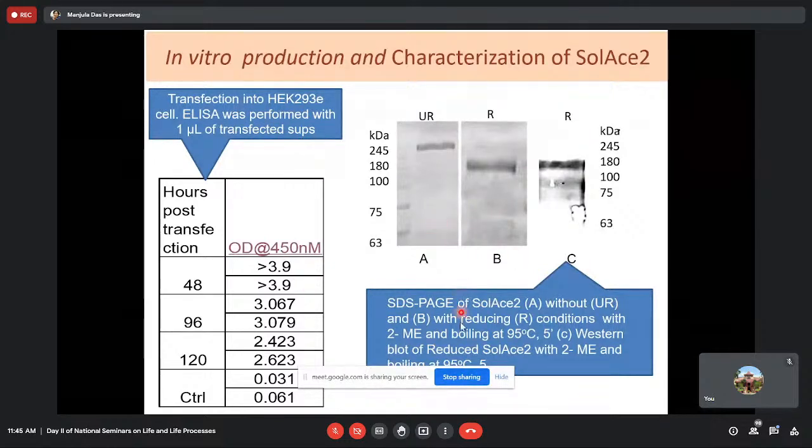We could purify it on protein A columns because of the Fc region. By Western blot of the reduced Solase2, we could see a single band.